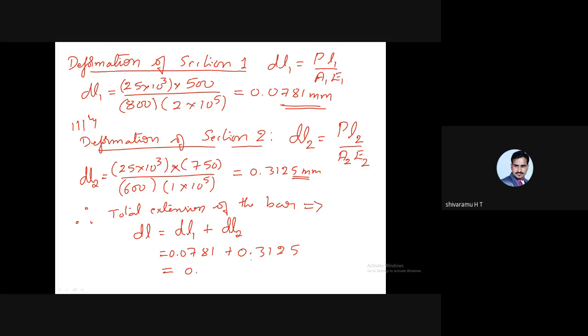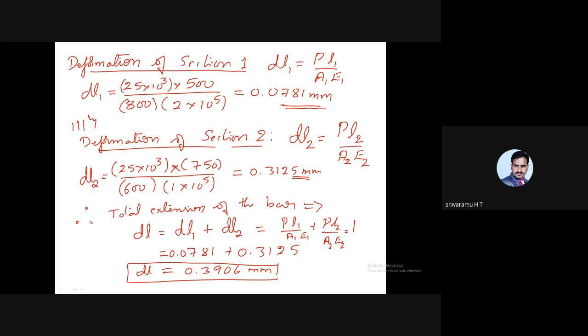So the total deformation dl will be equal to 0.3906 millimeter. Here we calculated the deformation of each portion, but you can directly compute dl equal to dl1 plus dl2, using the equation P l1 by A1 E1 plus P l2 by A2 E2.